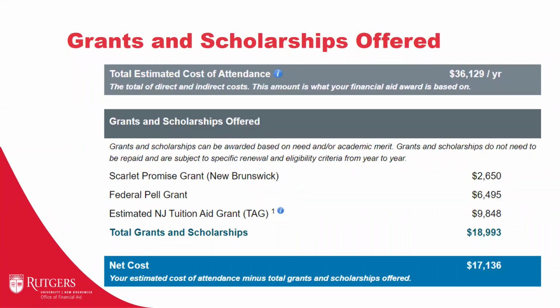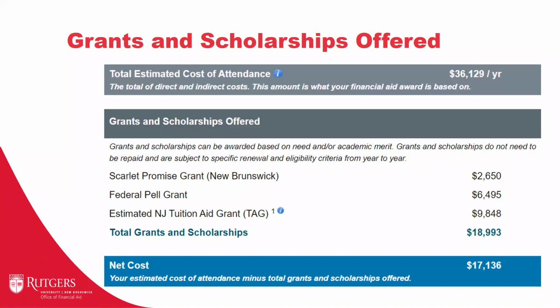And that is why we have the estimated tuition aid grant, because this grant is just based on what you initially have on your state application and what Rutgers will determine that you may be eligible for. However, the state of New Jersey makes that final decision regarding a student's eligibility for the TAG grant. So just bear that part in mind.